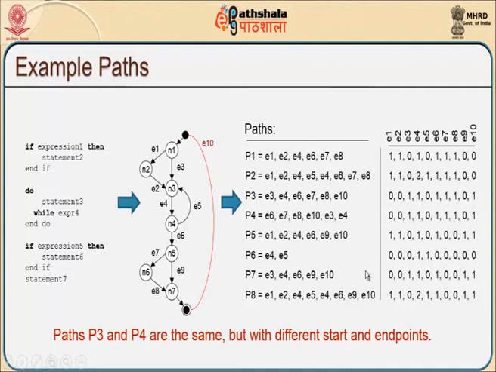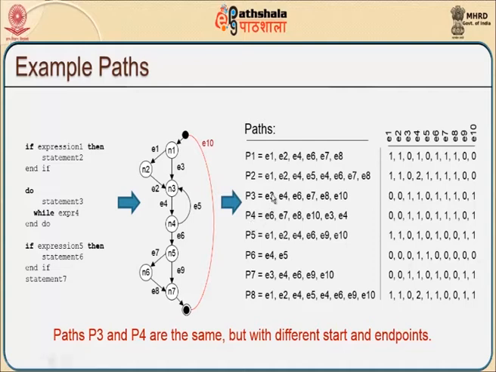If you look at all the 8 different paths and specifically at paths P3 and P4, although the traversal has been different, say we have started with E3, E4, E6, E7, E8, that is one path, or otherwise we have started with a do statement which starts with E6, E7, E8, E10, which is a virtual path, and E3, E4 again, which means both are executed with the same list of activities.